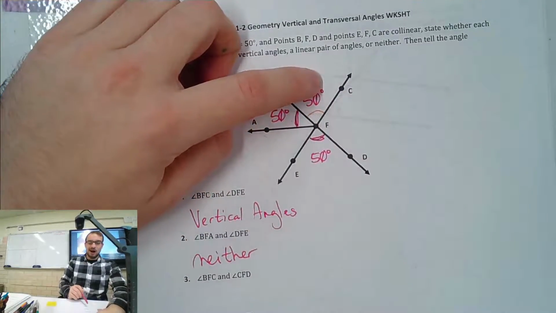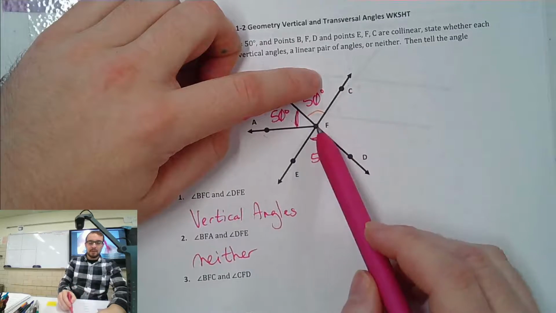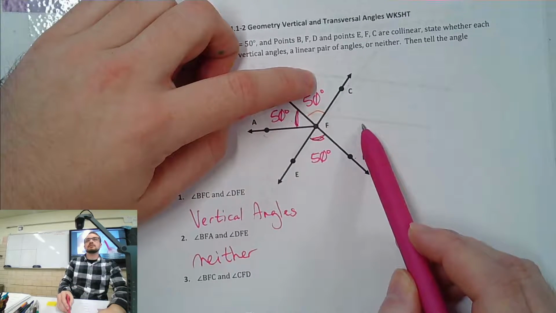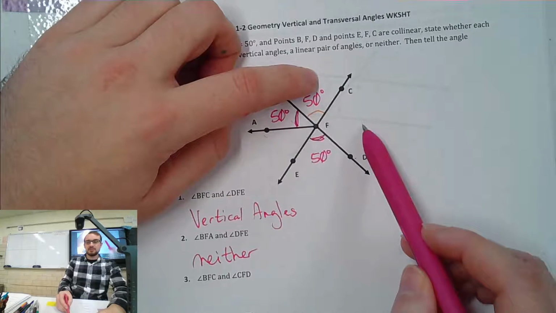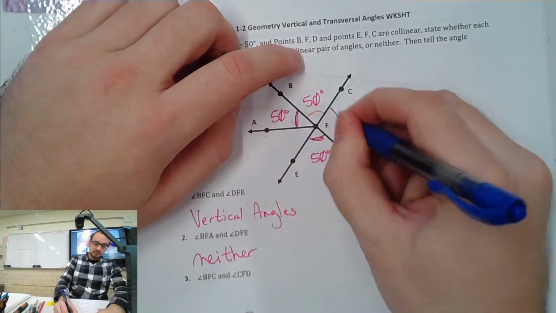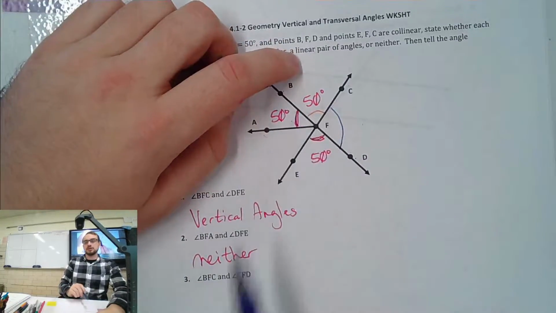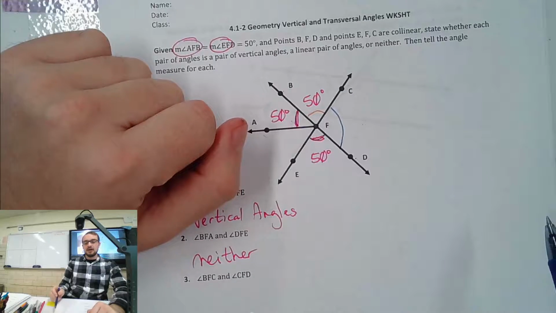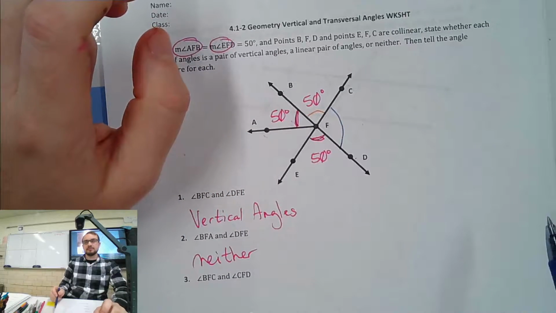How about BFC? This guy right here, that's the orange one. And CFD, that one right there. I have taken the pleasure of making that one blue and that one orange for you, so it's really easy to see. Are they a linear pair, vertical angles, or neither?